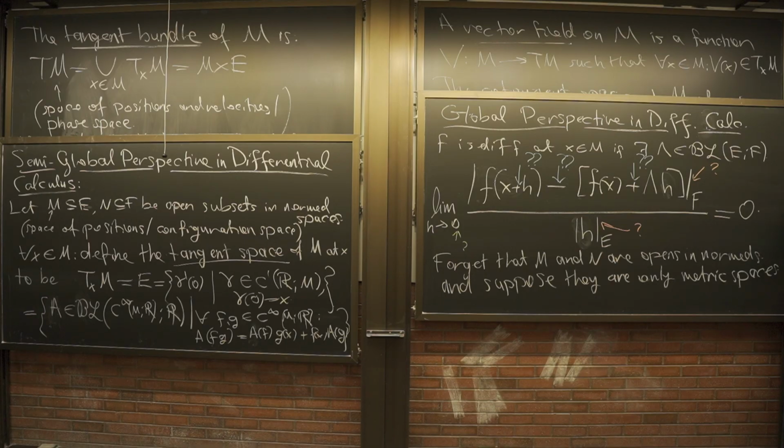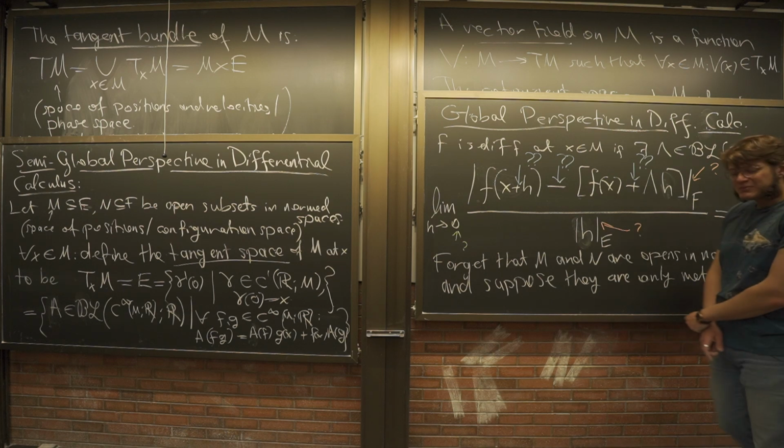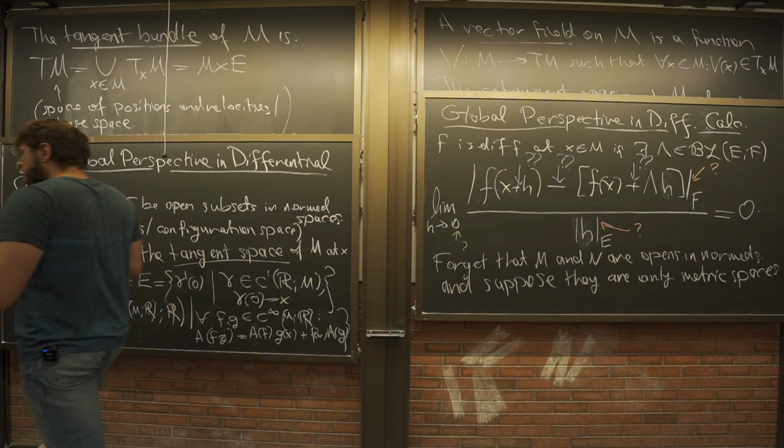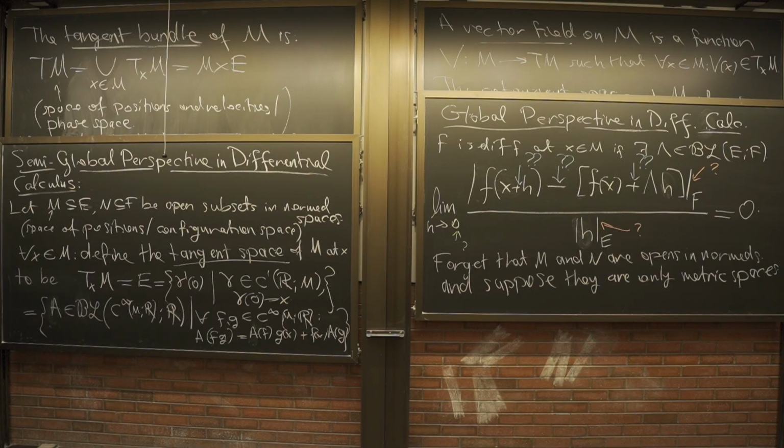Now, how do you do this? You say, a manifold is a metric space together with a bunch of open sets, each of which is homeomorphic to an open set in some normed space. Let me write this down.